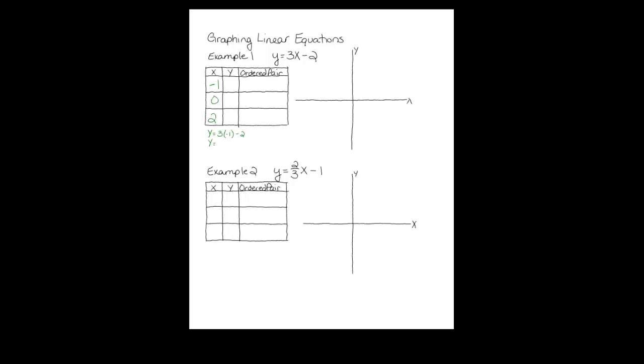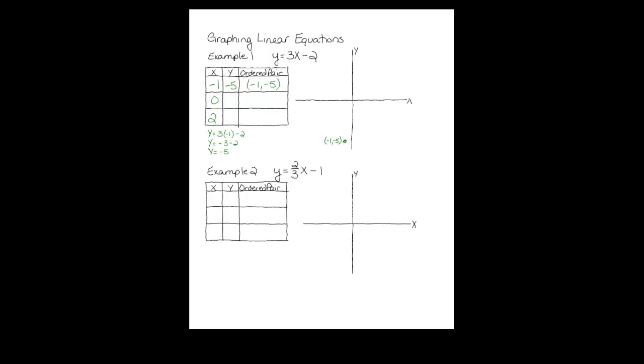So y equals -3 minus 2. Y equals -5. So the output when the input is -1 is -5. The ordered pair is going to be -1, -5. And let's go ahead and plot that on this graph. Here would be -1, -5.